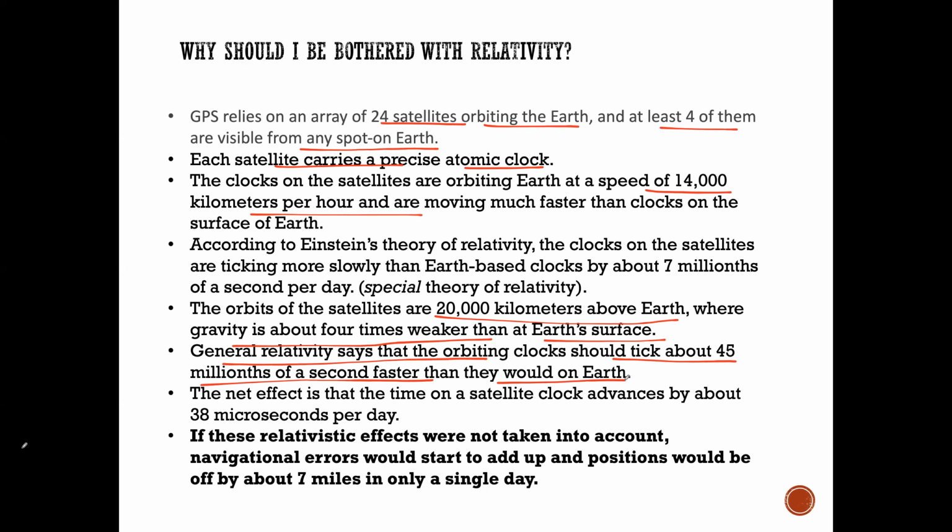However, if you consider the net effect of both general relativity and the special theory of relativity, that will have a difference of 38 microseconds. If you take the difference, 45 microseconds, and then about 7 microseconds coming from the special theory of relativity, both of these work in opposite directions in terms of the corrections.